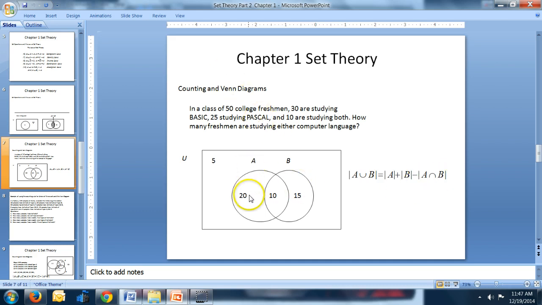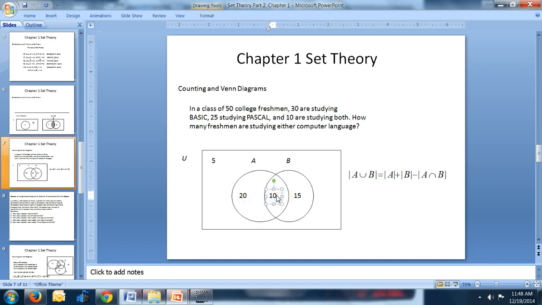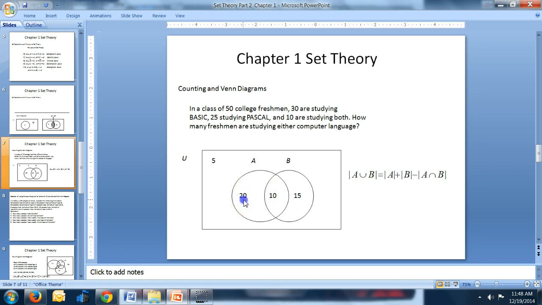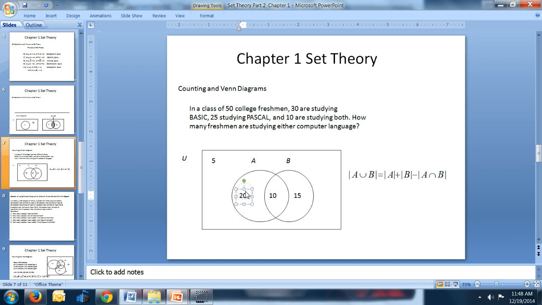So in this example, when we draw the diagram, we have to start with the intersection first. We put the intersection in here, which is 10. And then we subtract 10 from 30. We get the second part in here, which is the 20 that are in A but not in B. And then we go to the other part in here.